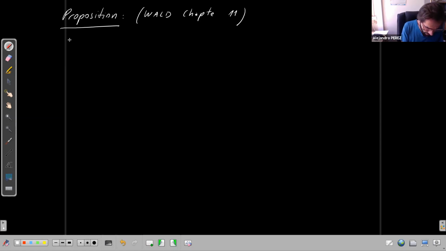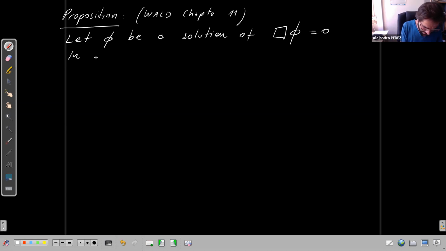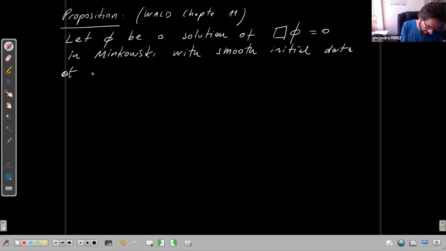So if you have a solution of the Klein-Gordon equation in Minkowski spacetime, so let phi be a solution of the Klein-Gordon equation, so box phi equals 0 in Minkowski, with smooth initial data at t equals 0 at the Cauchy surface, that for definiteness we take the t equals 0 surface in Minkowski spacetime.